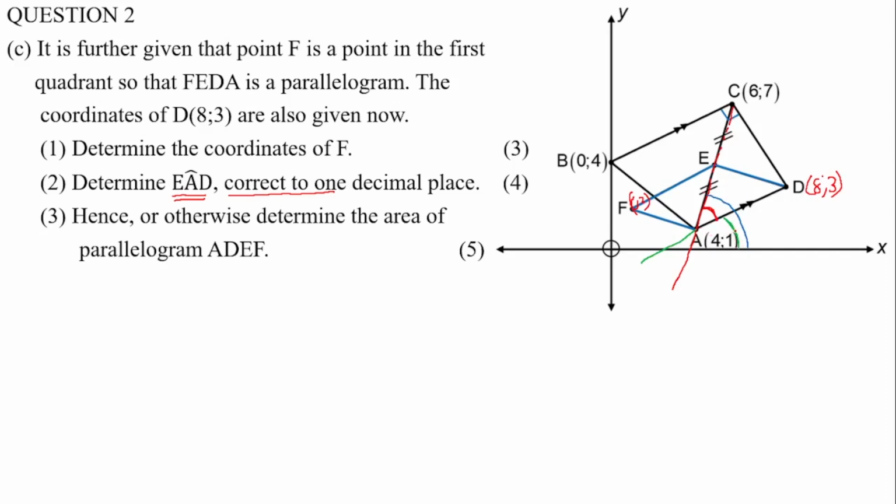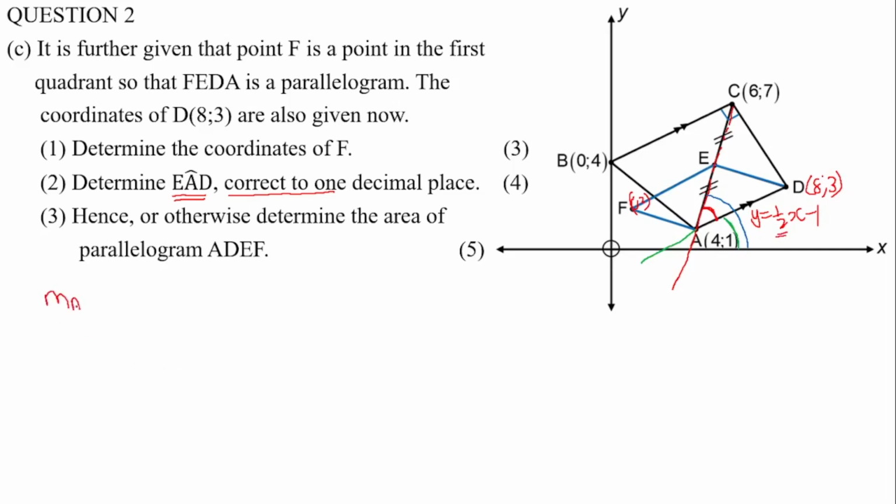Okay, AD is better because we have the gradient of AD. Remember, we found that the gradient of AD is 1/2, just like that of BC. Okay, so that's the gradient of AD, but we need to find the gradient of AC. Let's start by doing that.